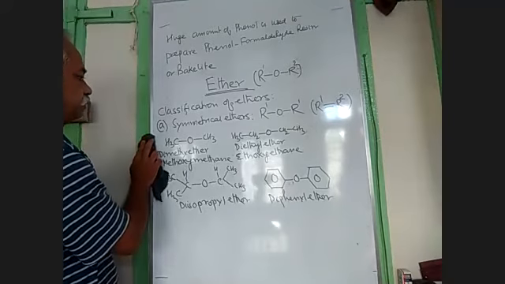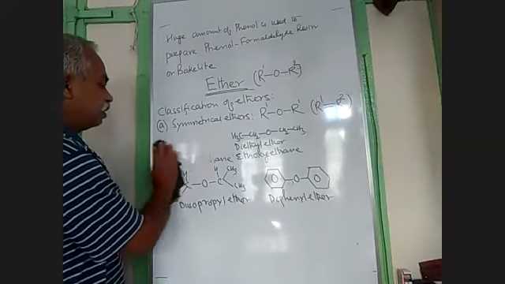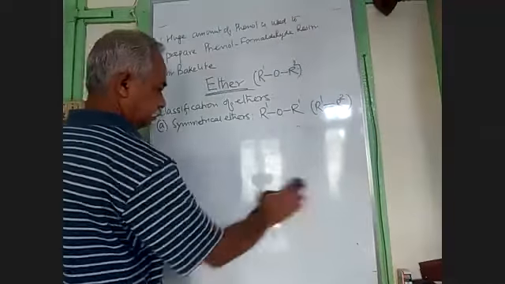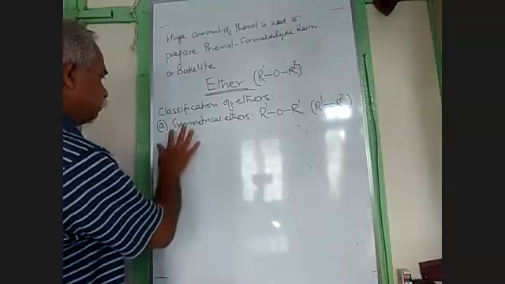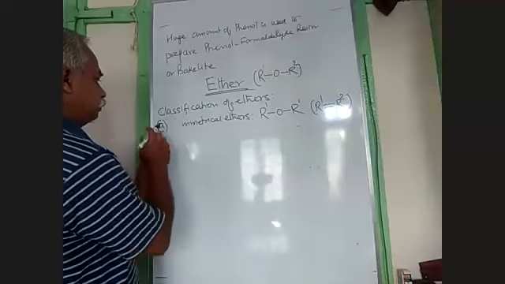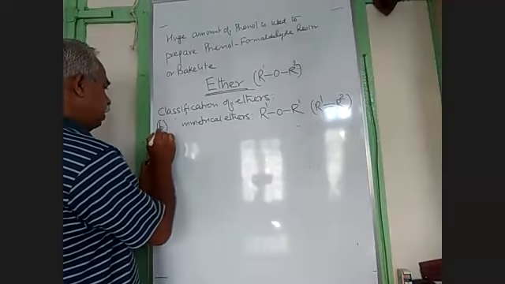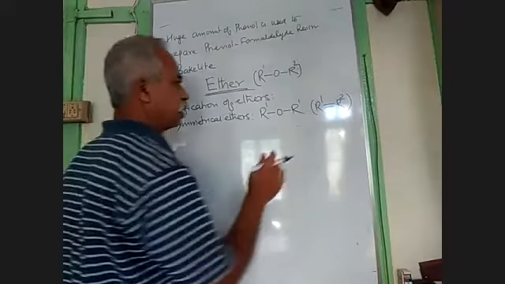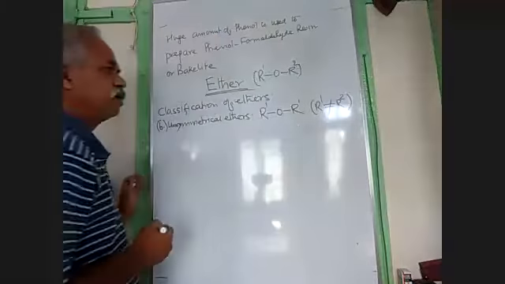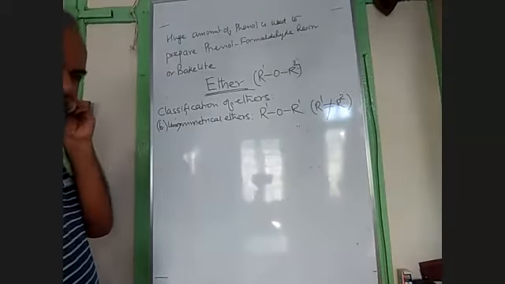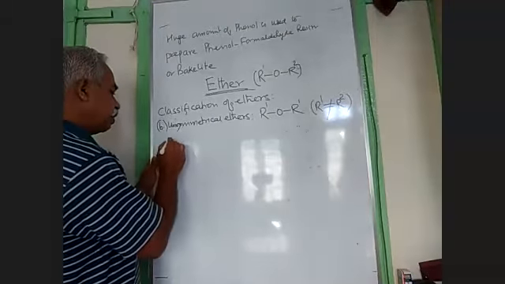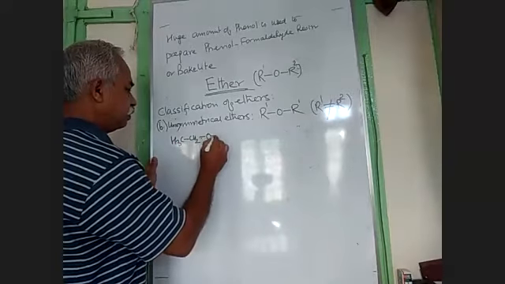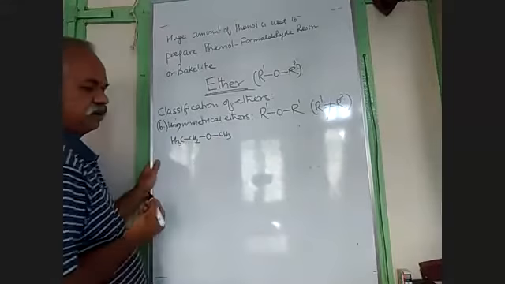Okay. Now we'll have unsymmetrical ether. In this case, you'll find R1 is not equal to R2. Example is CH3CH2OCH3.